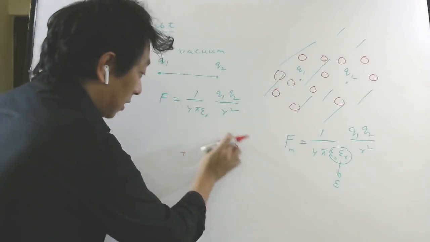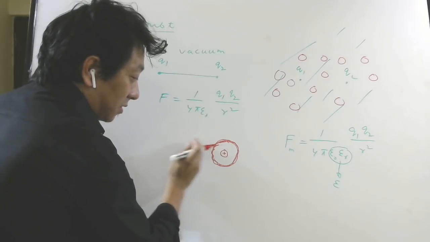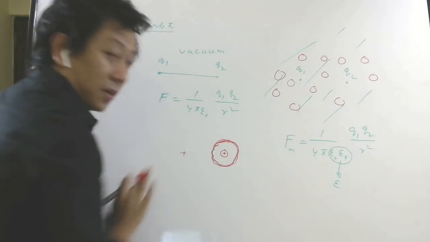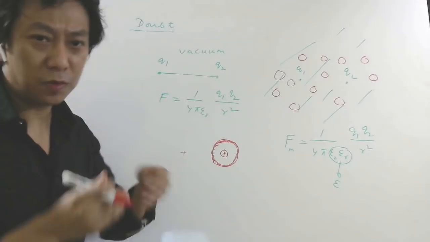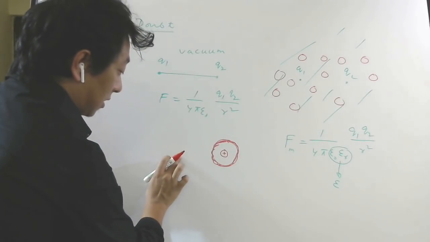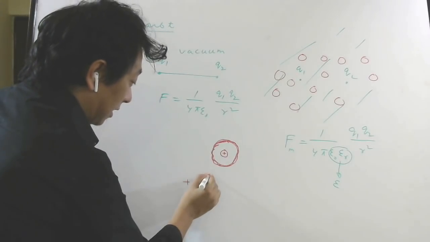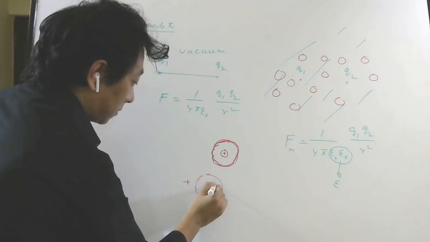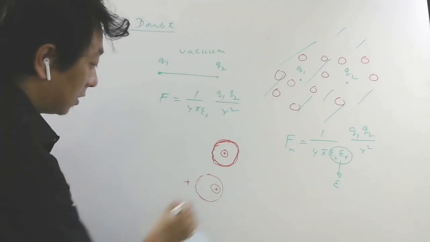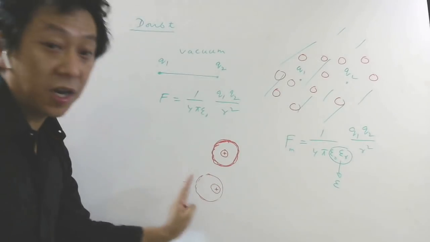This plus charge will attract the electron cloud, so a little bit this side, and the plus nucleus will be slightly repelled. But the nucleus is very heavy, right? So it will not move so much. When this plus charge is not there, this is how it looks. When this plus charge is there, this will be slightly displaced here. And this is how the shift of the electron cloud will occur.